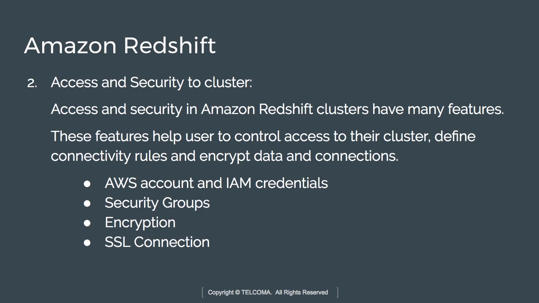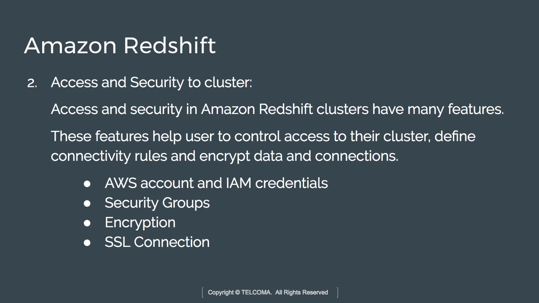If the user is using the EC2 Classic platform for the Amazon Redshift cluster, then the user is on Redshift security groups. If the user is using the EC2 VPC platform for the Amazon Redshift cluster, then the user is on VPC security groups.